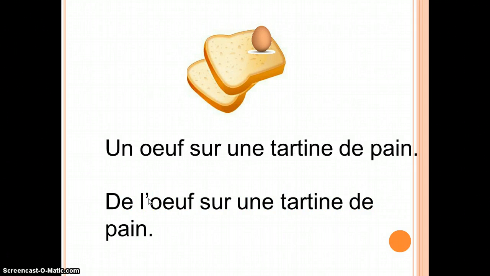What about this image? Is it un œuf sur une tartine de pain or de l'œuf sur une tartine de pain? In this instance, it's un œuf sur une tartine de pain because you have a whole egg on this slice of bread.